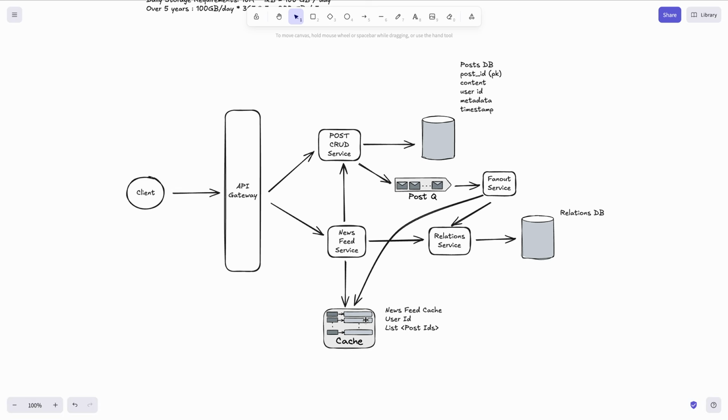Now, how big does this cache actually need to be? We can figure this out by a quick calculation. Let's recall our assumptions from our metrics and estimate section.